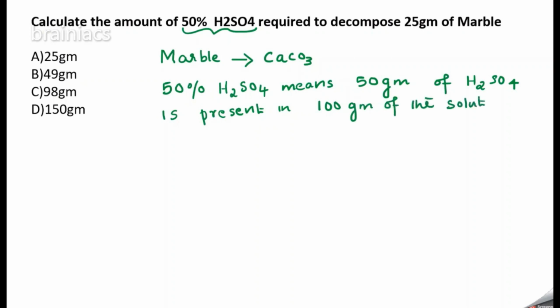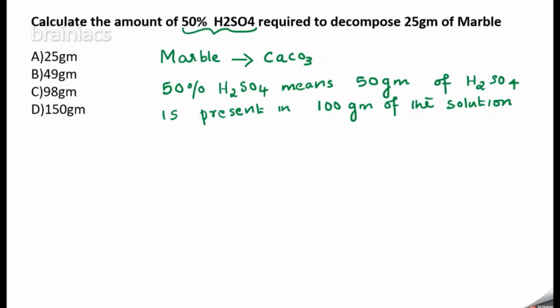What is the meaning of that? You have a solution, that means there is H2SO4 with something else also there. I think we can assume it as water. So if you take 100 gram of that solution, only 50 gram is sulfuric acid. And in this question, they are asking you to calculate the amount of this 50% H2SO4, that means the amount of the solution required to decompose 25 gram of the marble.